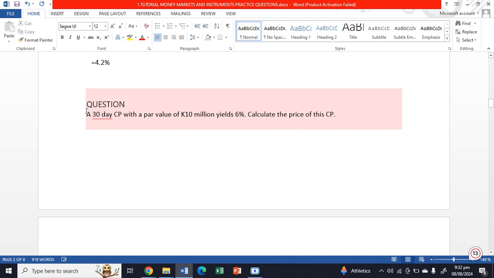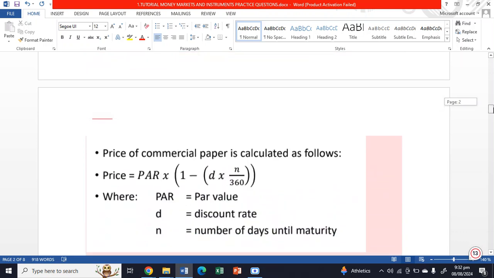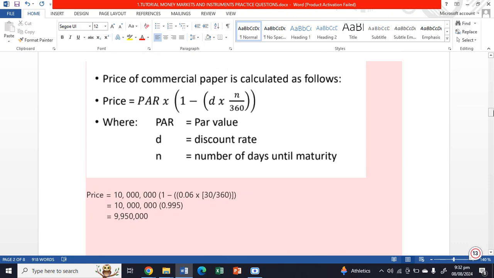So we have a 30-day commercial paper with a par value of 10 million that yields 6%. Calculate the price of this commercial paper. So the price equals the par value times, open brackets, 1 minus the discount rate times the number of days until maturity over 360.